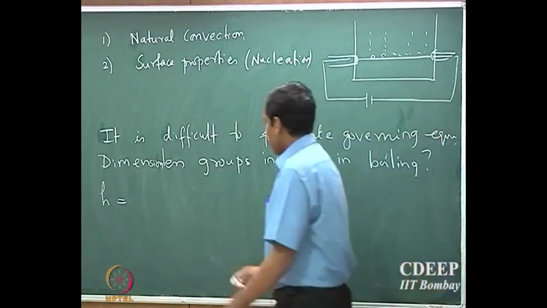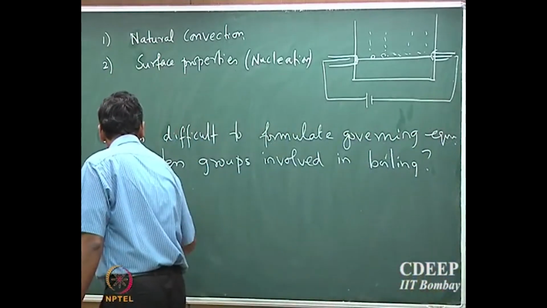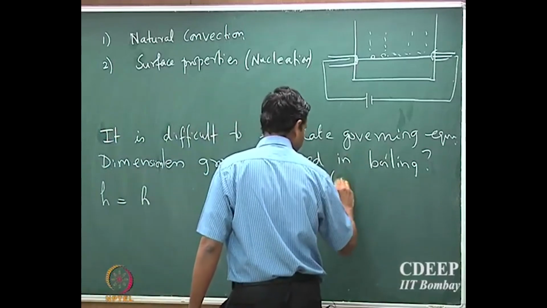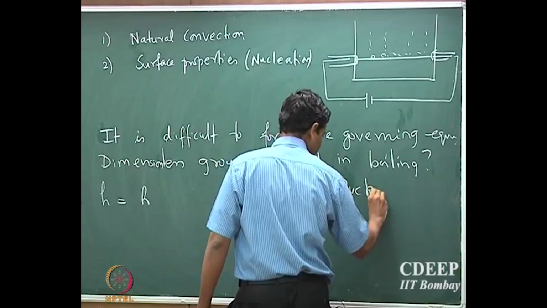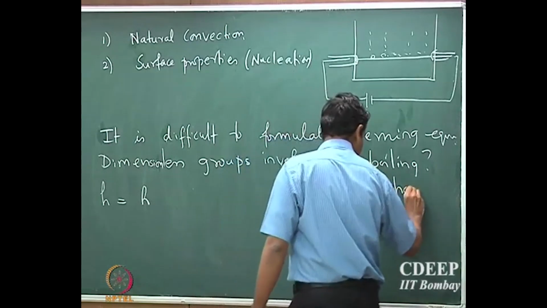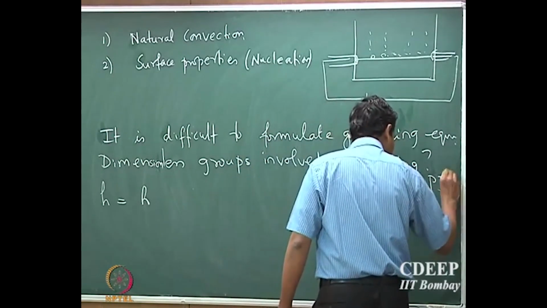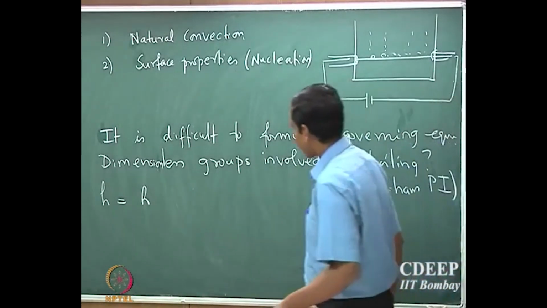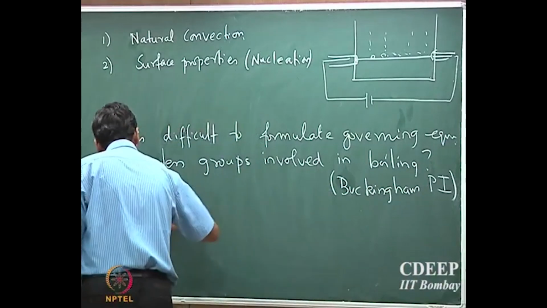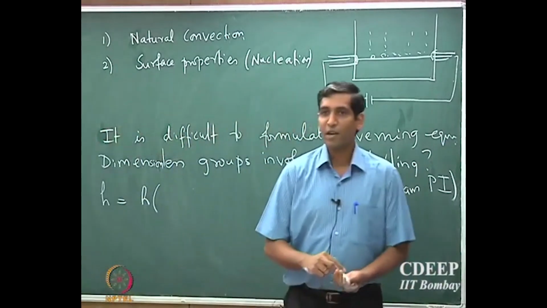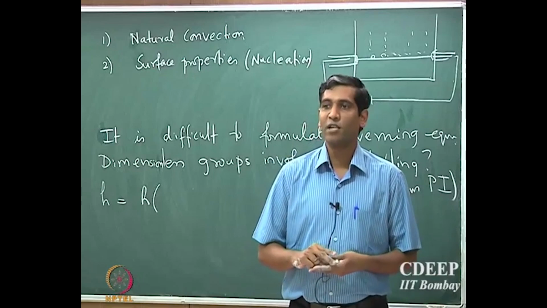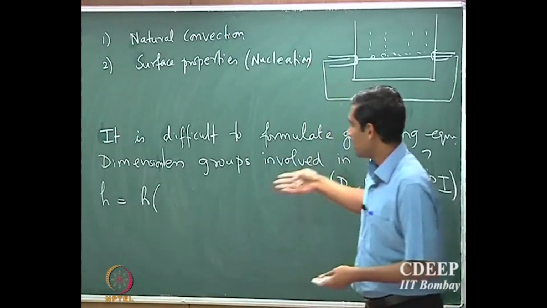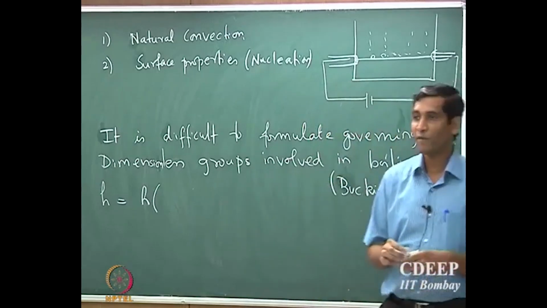What we are going to use is dimensional analysis, the Buckingham Pi theorem, which has been taught to you in your fluid mechanics class. So the heat transport coefficient will be a function of the different properties or aspects of this problem which decide it.